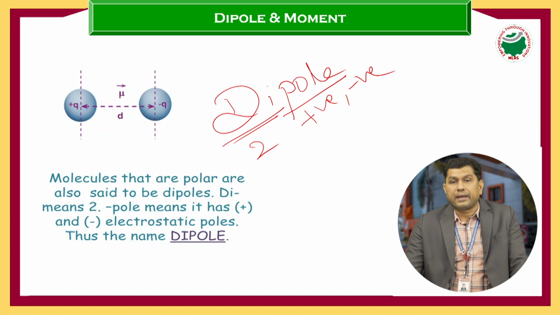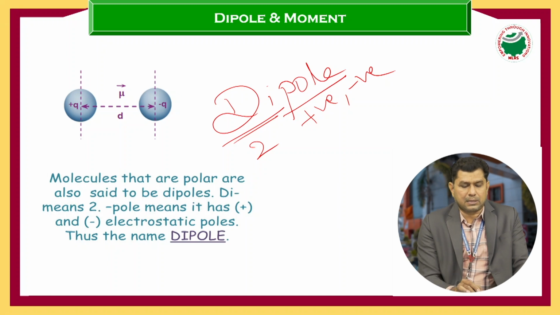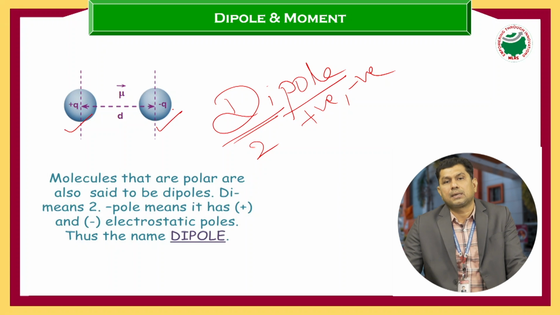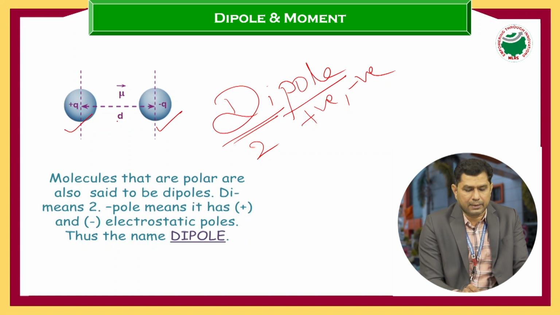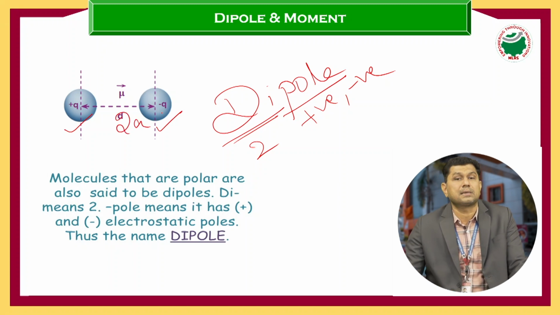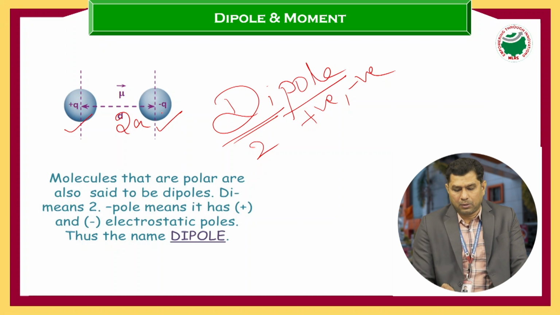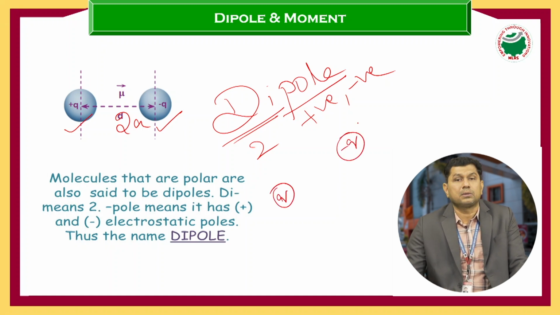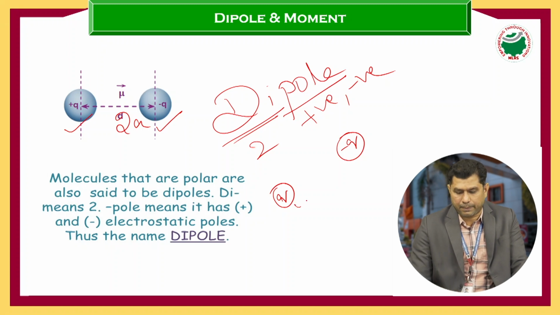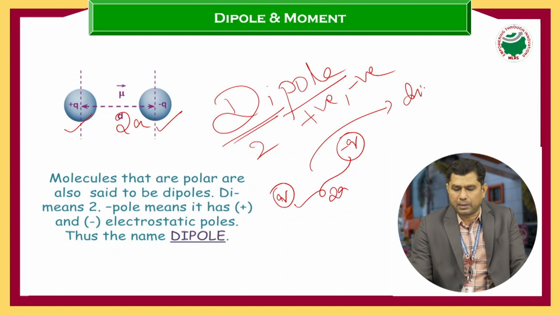How will we define a dipole? It is a system of two equal and opposite charges separated by a certain distance. Take the distance as 2a. So plus Q and minus Q: the magnitudes are the same, but the signs are different. This system is called a dipole.